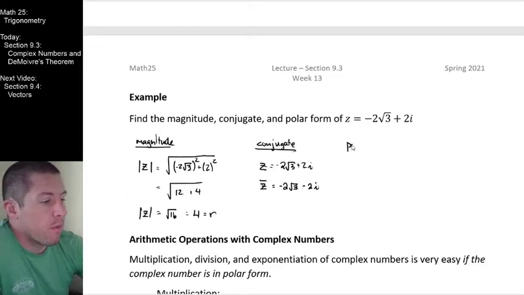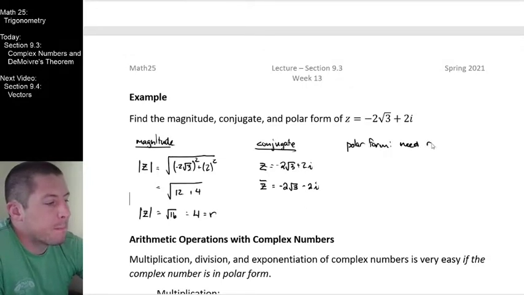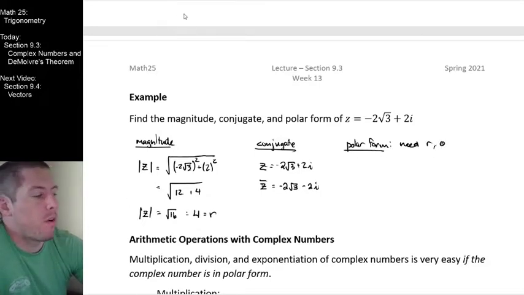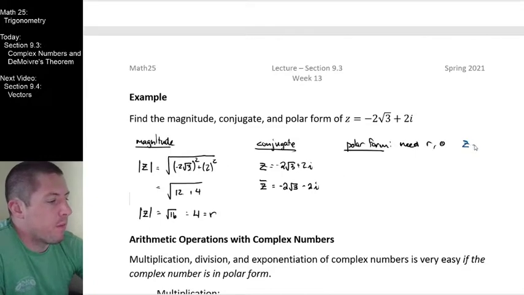Finally, to get into polar form, we need r and theta. And what we want to remember is that our polar form here is z equals r cosine theta plus i sine theta.